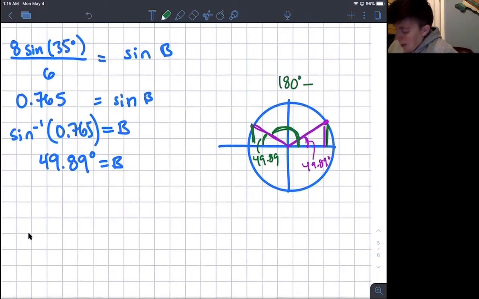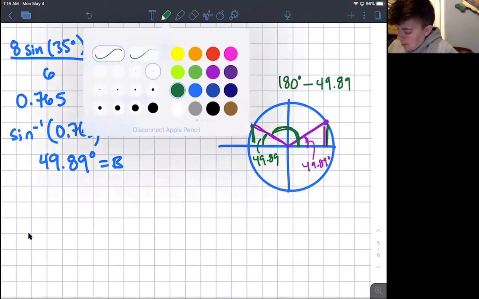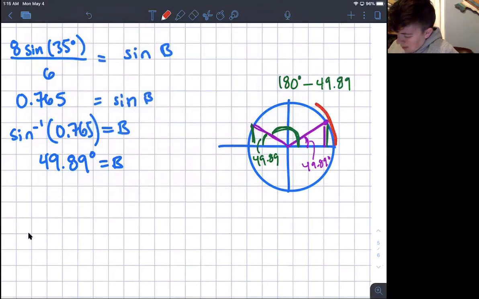So I'm going to say 180 degrees minus 49.89. So I'm taking this whole angle here, and Lindsay, right, let's draw something that makes sense. Goodness gracious, I'm trying to take shortcuts and I'm being confusing. I'm taking the whole 180 and I'm subtracting out this so that I can find this right there. That's what I want.